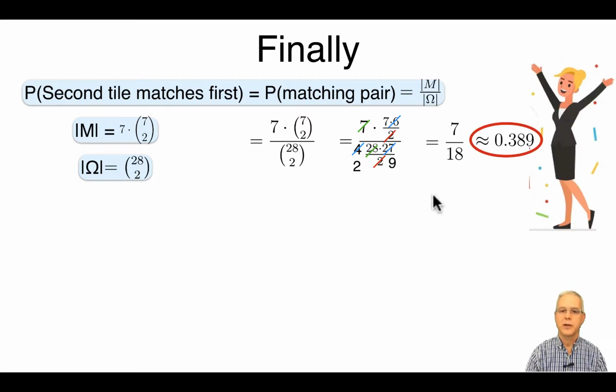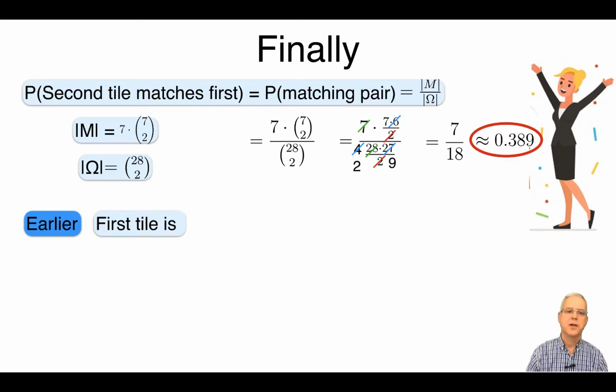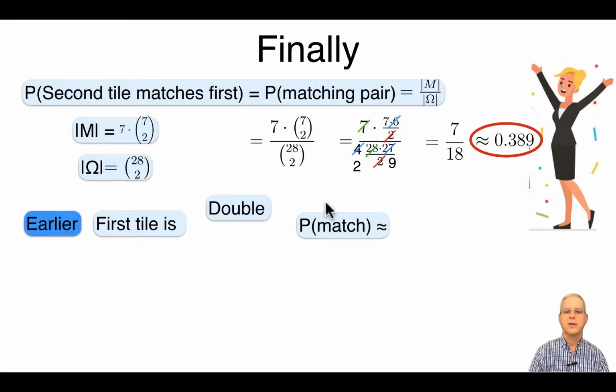We're done. We calculated the probability that the second matches the first, and we got 0.389, and hopefully it was not that difficult. Now a couple of things about that. First, remember that in the first part, we saw that if the first tile was a double, then the probability of a match was roughly 0.222, a little less than a quarter.